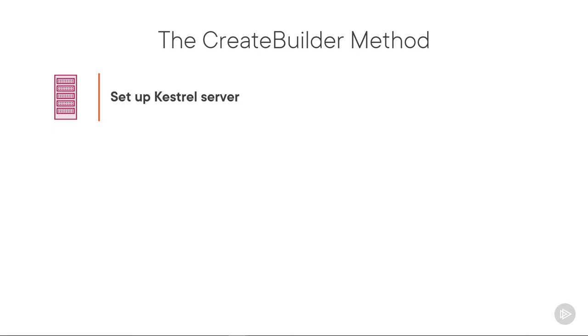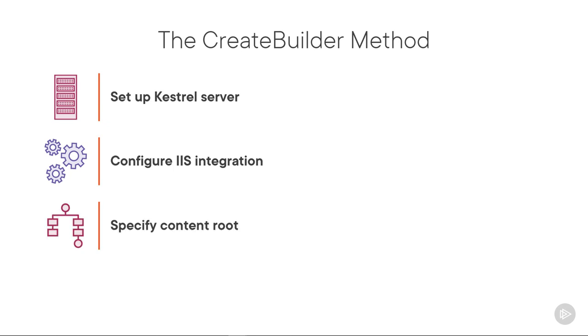Typically, Kestrel is placed behind a real web server like IIS, and that configuration is also done here as part of the CreateBuilder method. Also, the content root, so the place where to find the executable code, is also configured with a default when we call CreateBuilder. And also through CreateBuilder, configuration information is read from a file called appsettings.json, the file we already encountered too. So it's doing this all based on convention.